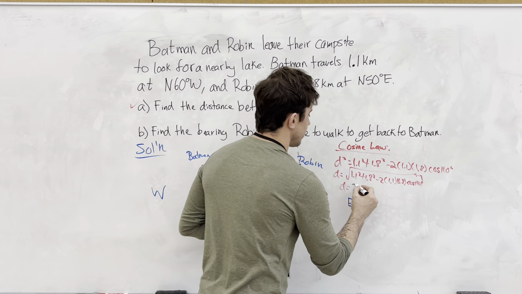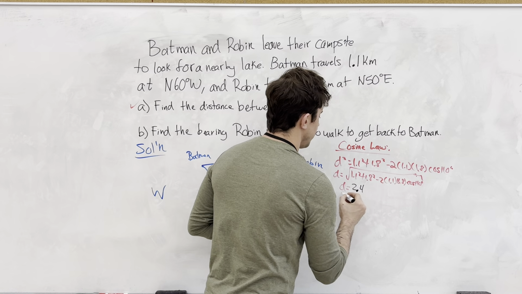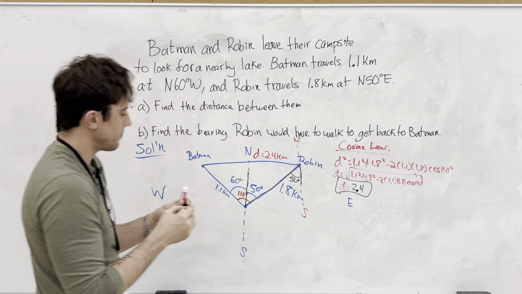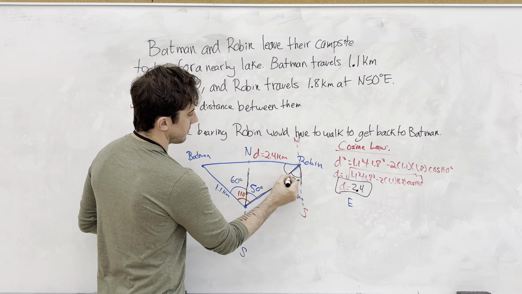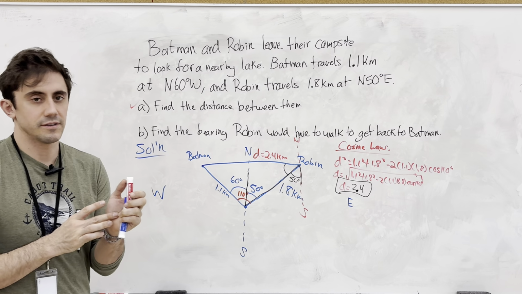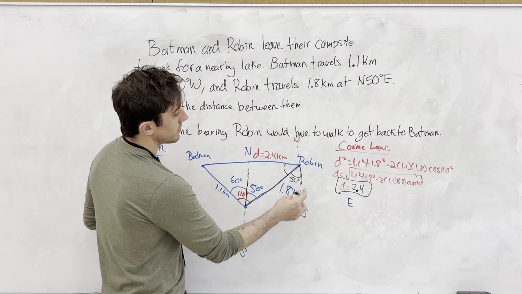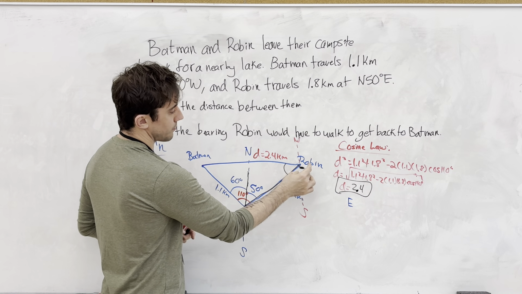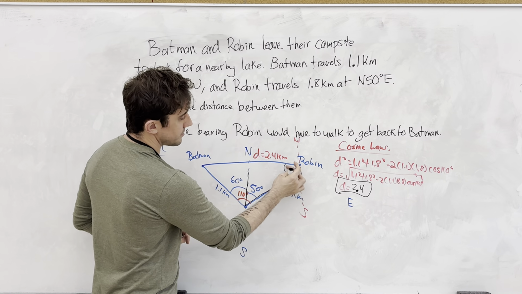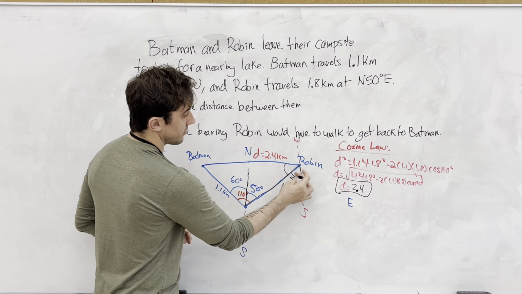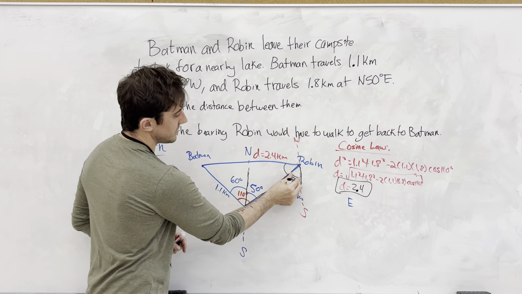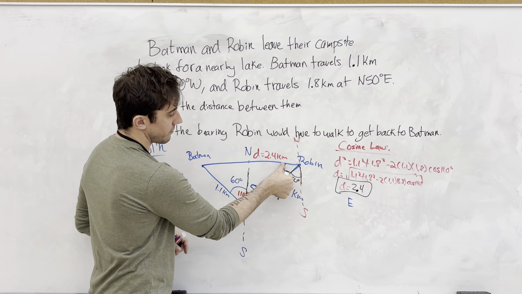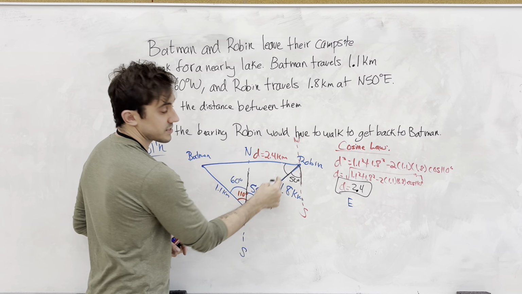So here, I should finish this off. D is roughly 2.4. So now what we need to find is this interior angle of our triangle there, because then our bearing will be, from Robin's standpoint, south this many degrees west, right? 50, that is already there, plus however many degrees are inside this space.